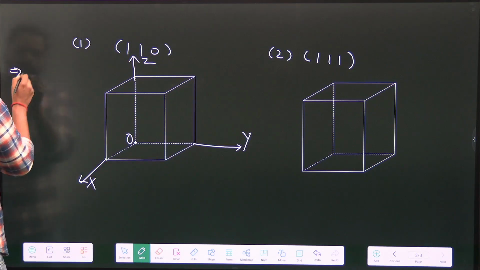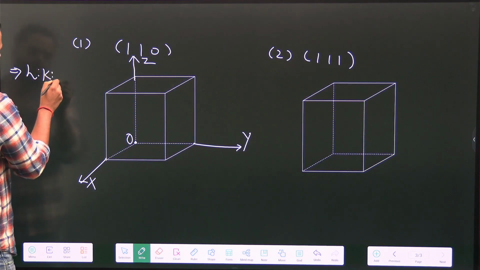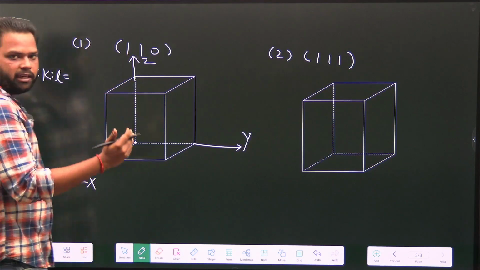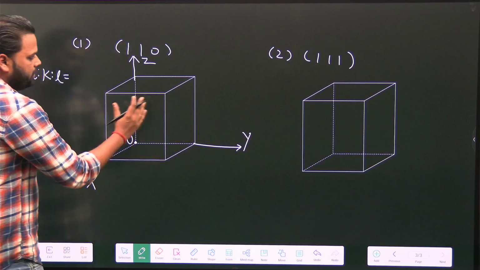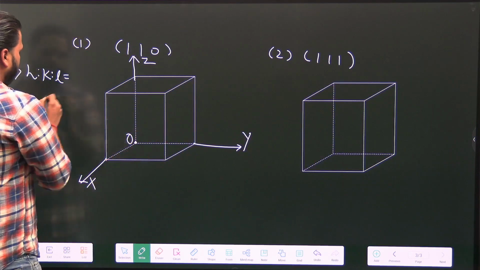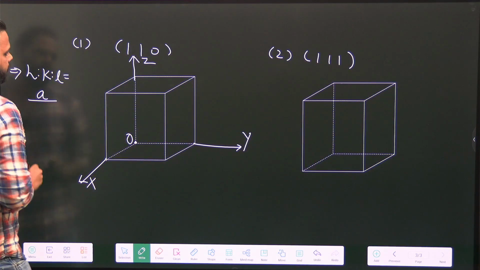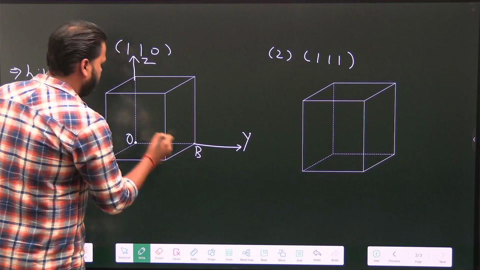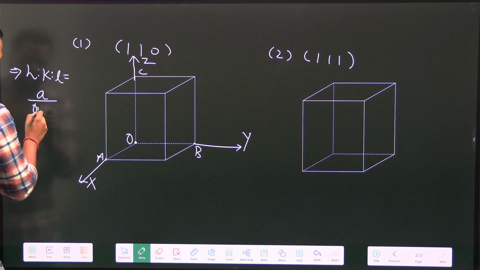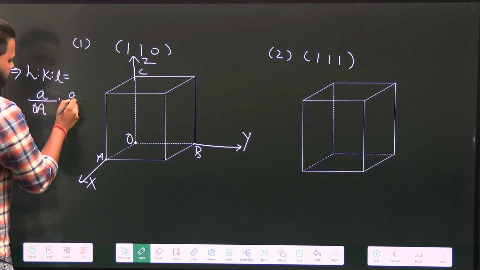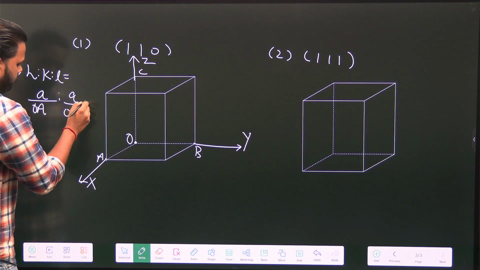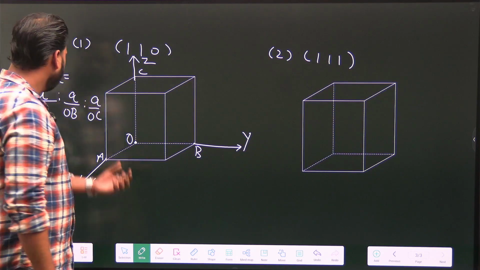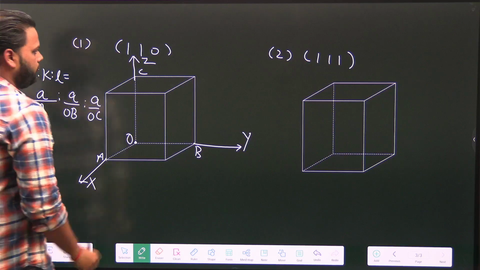See, I told you that h : k : l is equal to the lattice parameter divided by the intercept. This is a cubic system, so this will be a divided by, let's suppose the intercepts OA, OB and OC. So a upon OA : a upon OB : a upon OC. Just equate with the Miller indices. So what will you get?